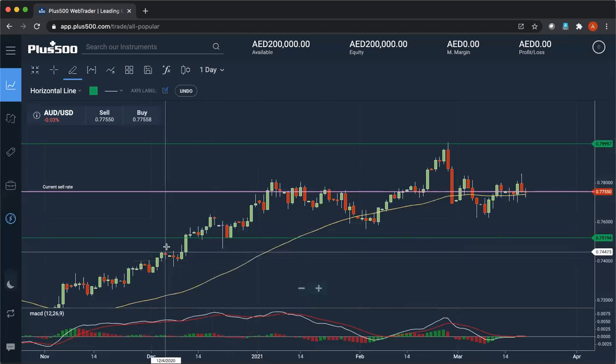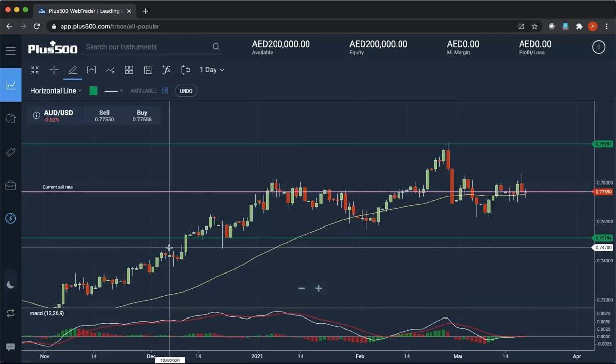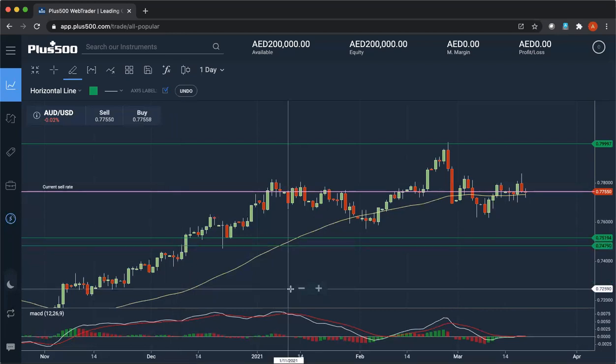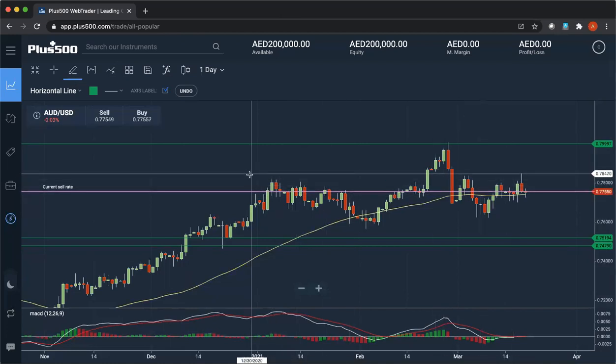By the way, if I put a second IPL here, which is 74,800, I want to show you something interesting. Just pay attention. This level is 78,500.